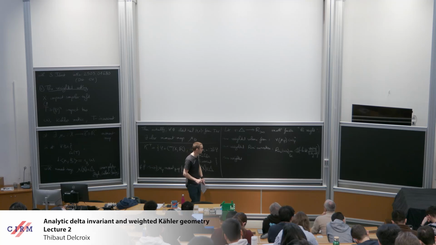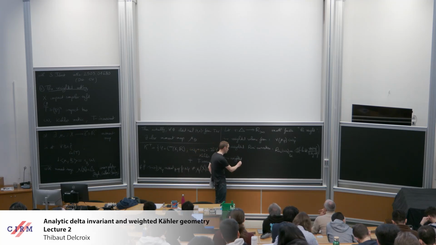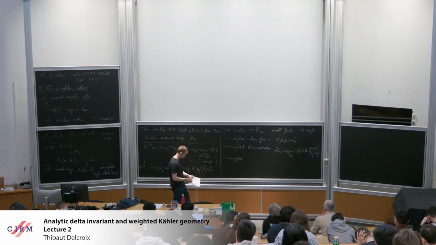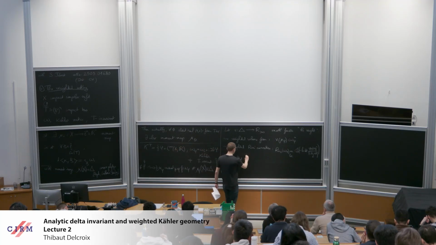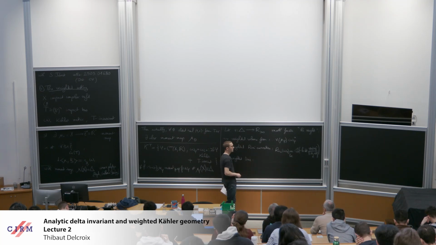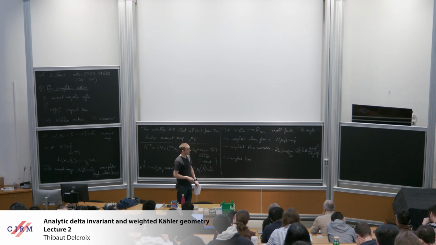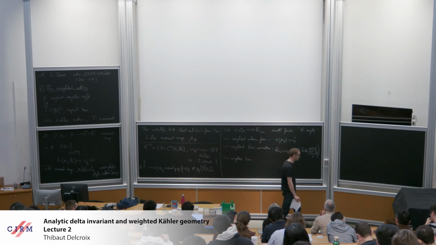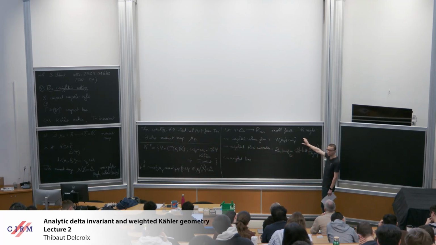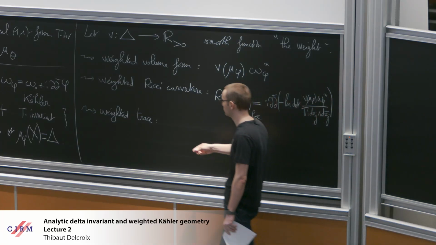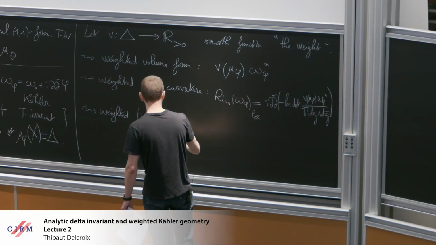Let me first define what's needed to get a weighted CSCK matrix. So you need a weighted trace. As yesterday, the trace was important. And one of the things I said is the trace is the derivative of determinant or of the volume form. Now I do the same with this expression, and I get a weighted trace.